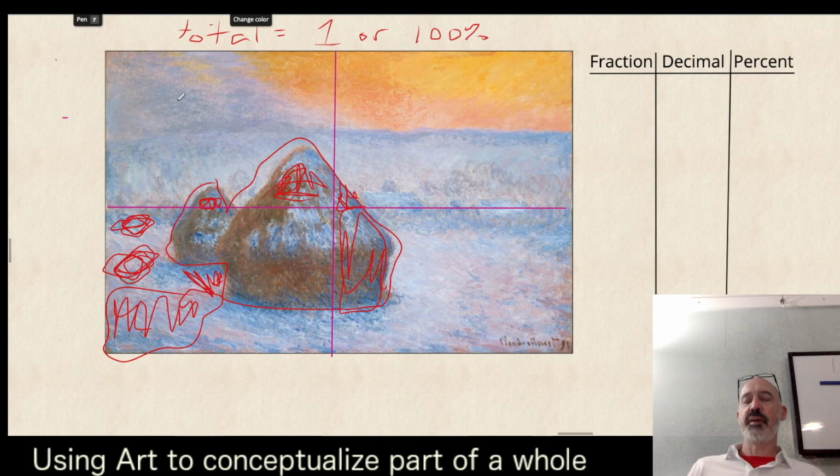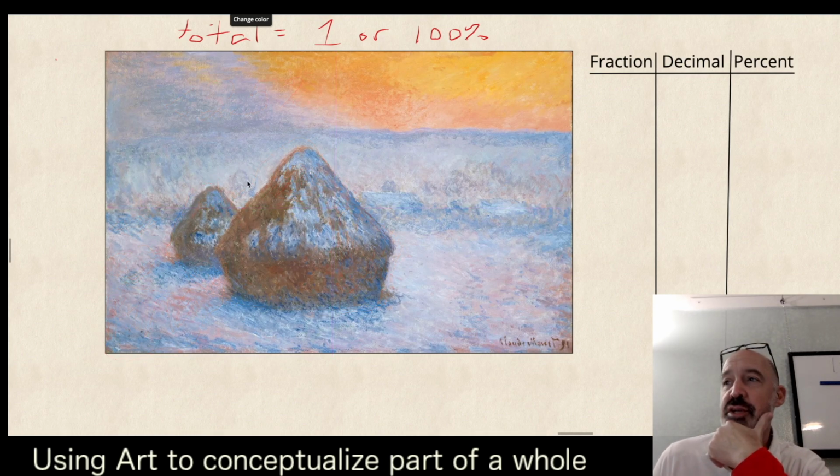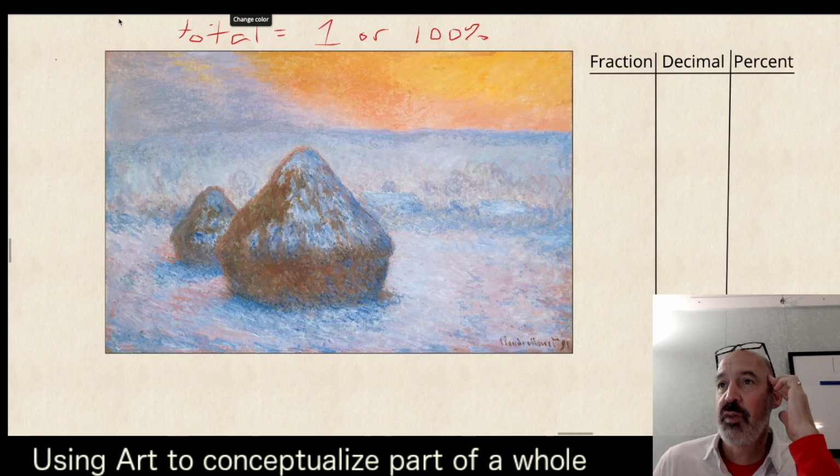So then I can begin to see, and hopefully my student will understand, that this is actually less than 25%. So then I would want the child to take the same picture and try to be more precise. So now I've cleared out the picture, and we're going to start again knowing that this haystack section is less than 25% of the picture.